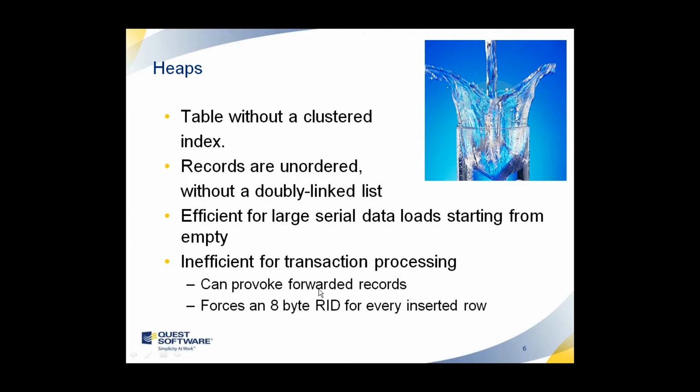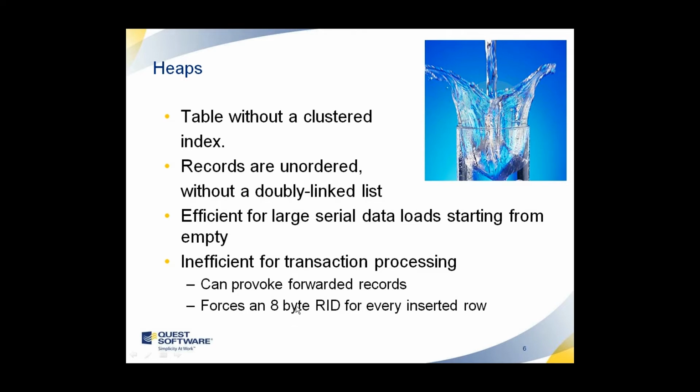Heaps can also cause something called forwarded records. What happens is SQL Server has to create an 8-byte row identifier for every record inserted into a heap. Let's say, for example, you do an update statement on one of these records, and now it is so large that it doesn't fit on the page.